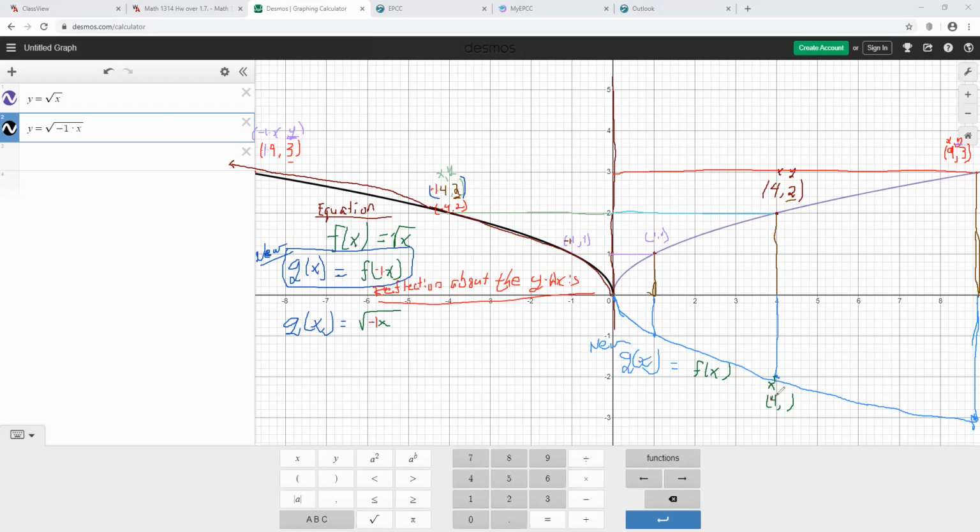The x value is still 4, and the y value is still a 2, but it's 2 times what, Griselda? 2 times negative... Oh, no, wait. If you multiply this 2 by negative 1, what do we get, Griselda? By negative 1, it would be negative 2.